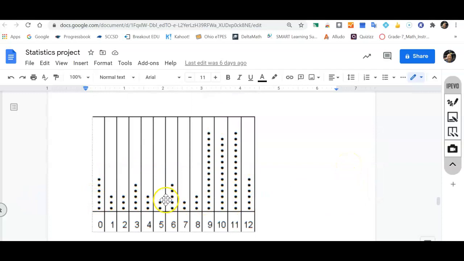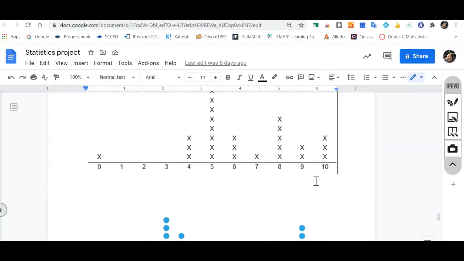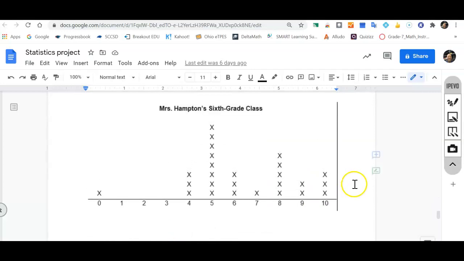We got some dot plots. So these represent how many people had 0, how many people had the number 1, how many people had the number 2. So we've got these 2 dot plots. Mrs. Hampton's 6th grade class.